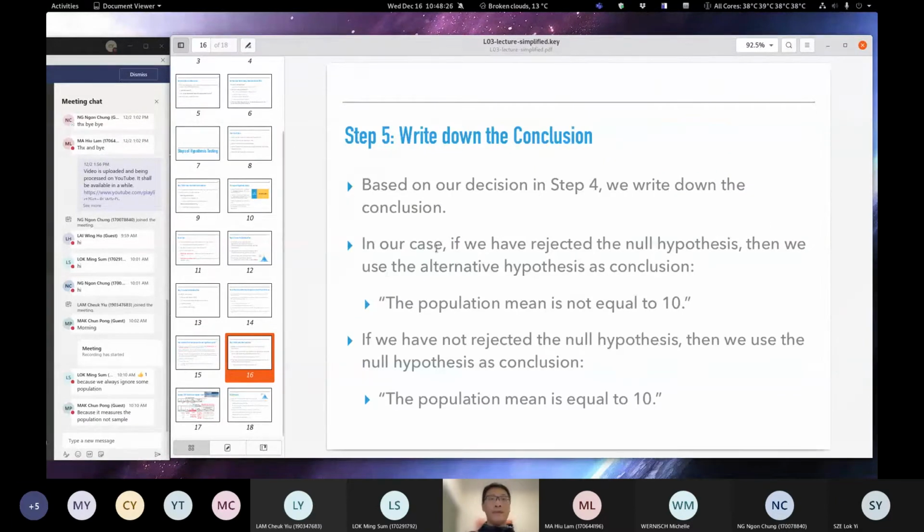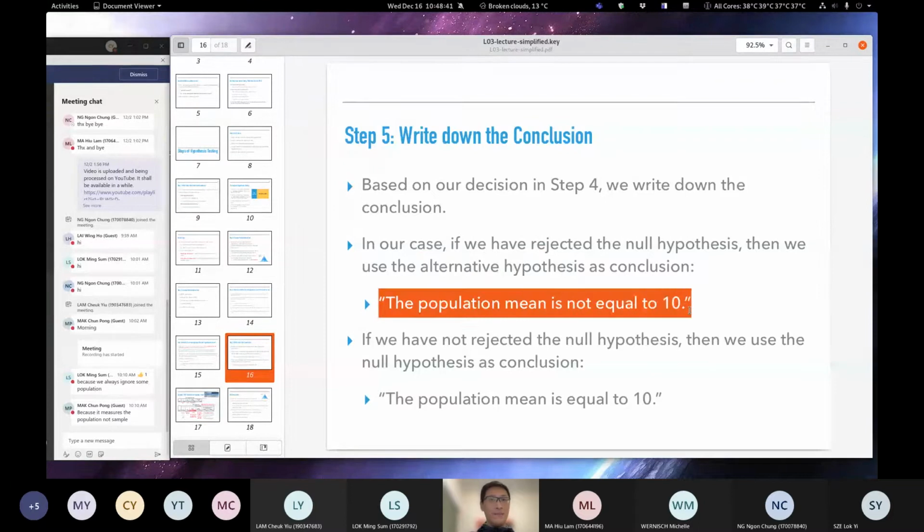Okay, so finally, based on our decision, we write down the conclusion. So in our case, if we have rejected the null hypothesis, then we say that the alternative hypothesis is true. Or in other words, we say that the population mean is not equal to 10. And then you also want to write down what it means to your research question.